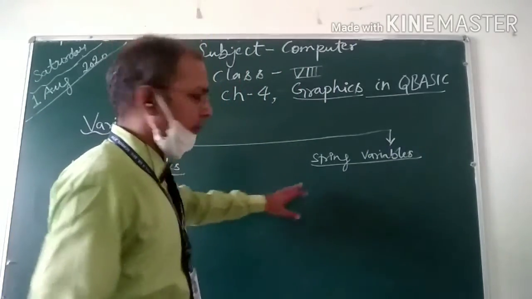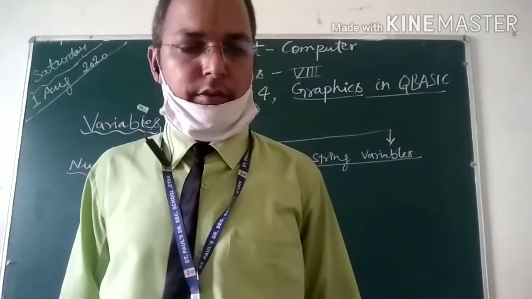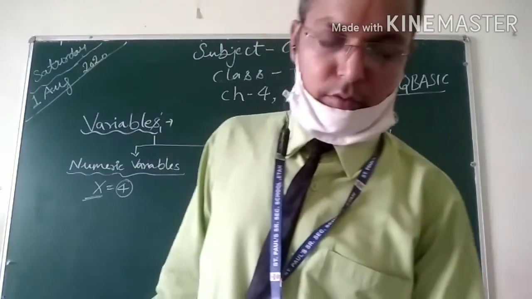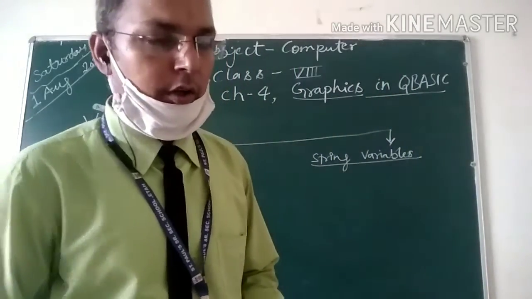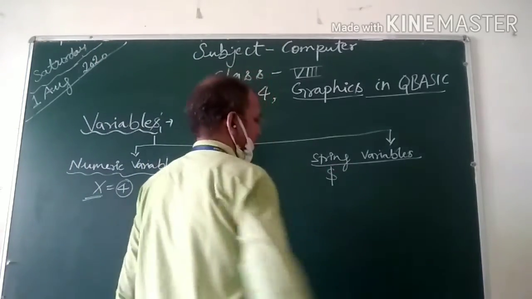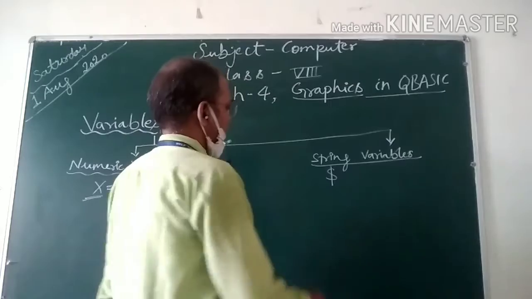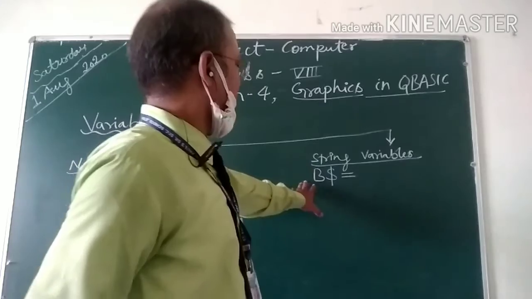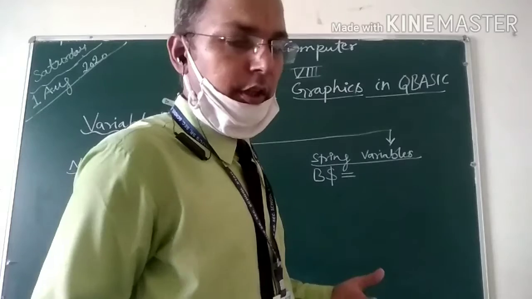String variables consist of text or symbols enclosed within double quotes. Only one thing: double quotes. The string variable name is followed by the dollar sign. For example, this is the same as on your page number 4: the string variable is equal to QVC.